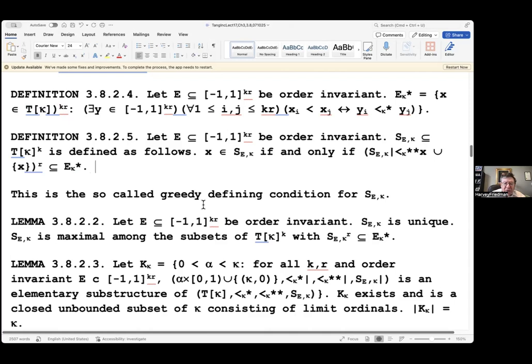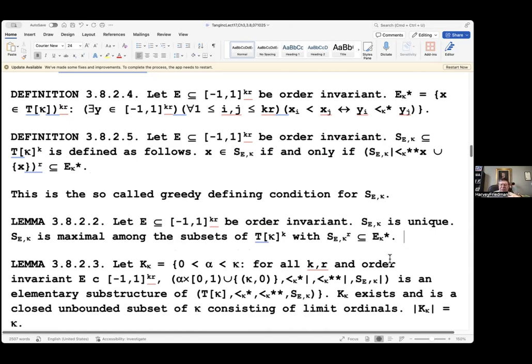Yes, this is okay. So S is unique and it's maximal among all the subsets of T_kappa^K with this property.